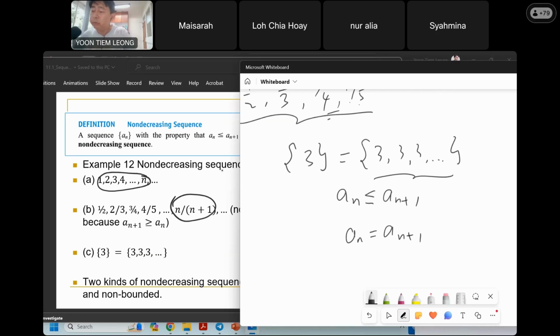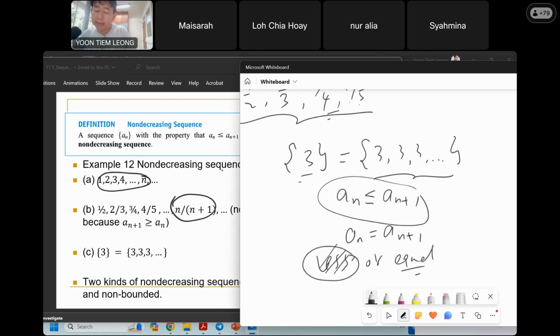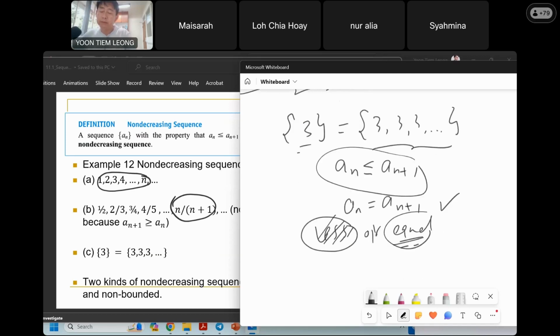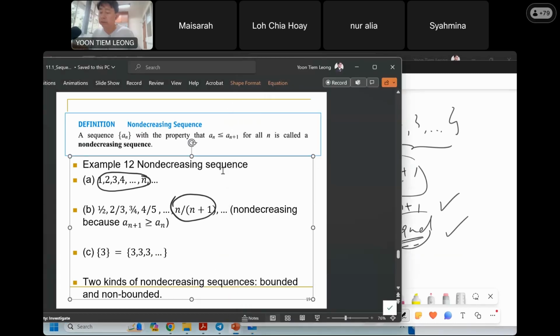So according to the definition, a constant sequence also fulfills the condition of less than or equal to. If the condition for less than is not fulfilled, but the equal condition is fulfilled, then the statement that the next term is larger than or equal to the term before it is still correct. So this is an example of a non-decreasing sequence.